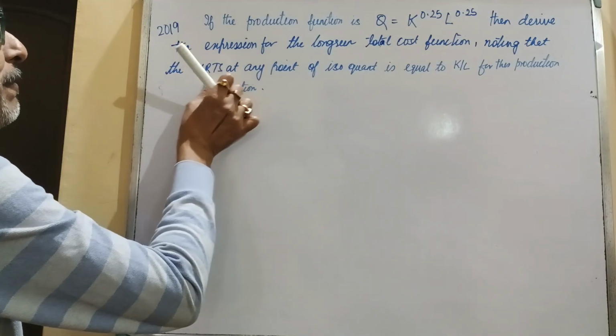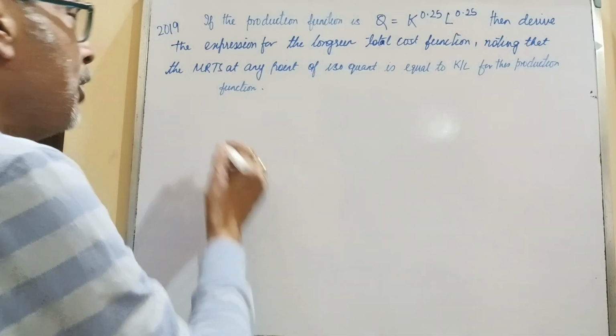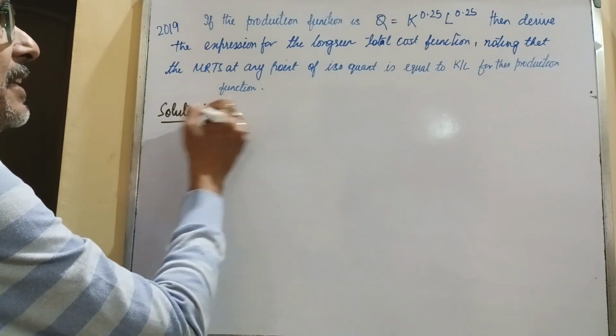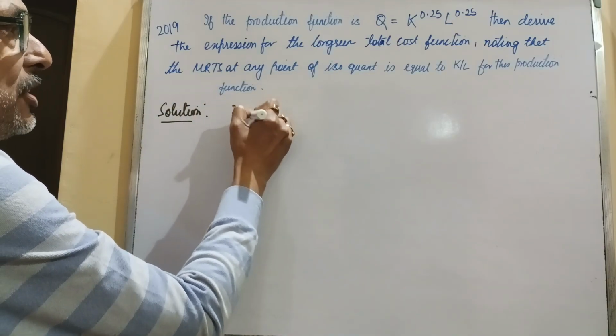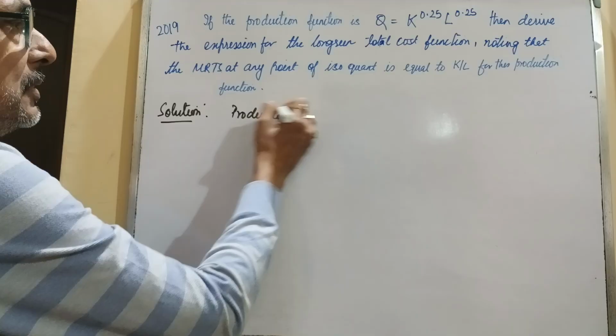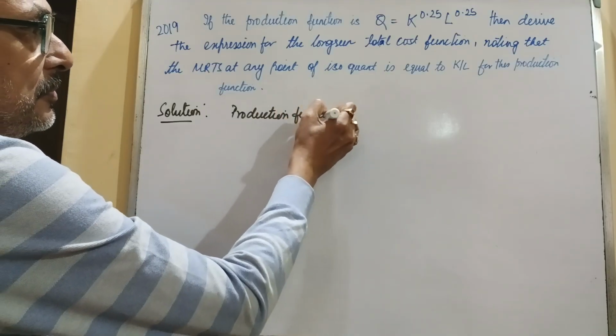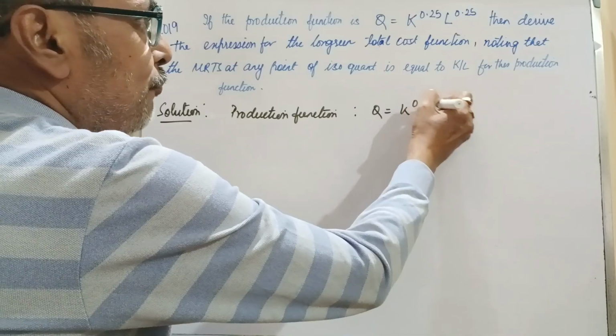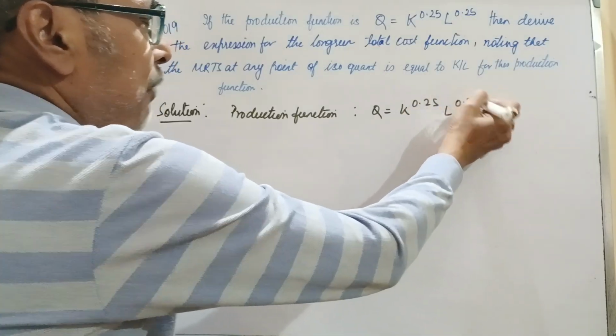Now, how to solve this? The production function is given as Q equals K to the power 0.25, L to the power 0.25.